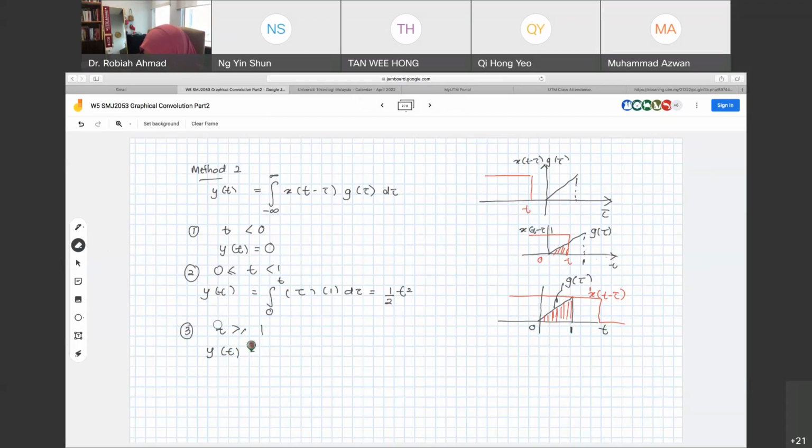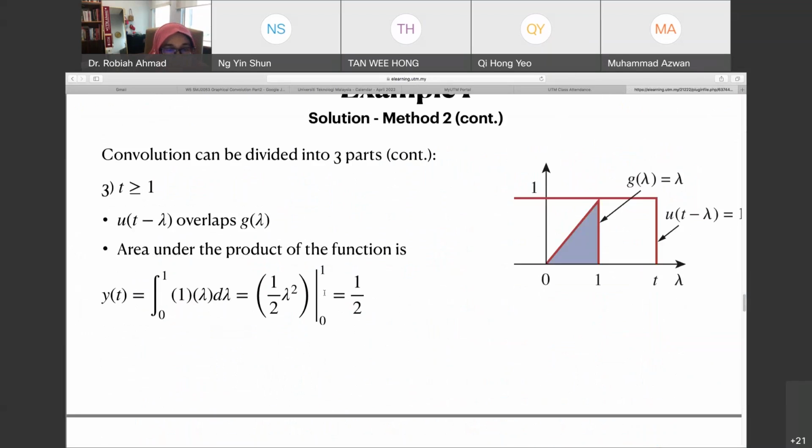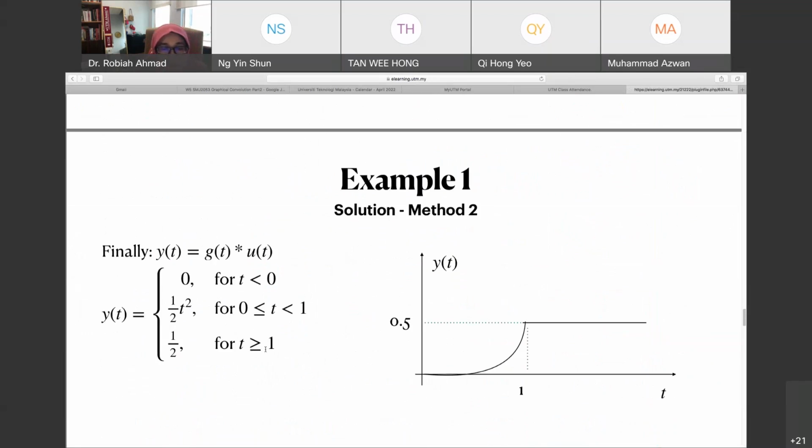So the limit will be between 0 to 1, with tau and 1, d tau. So we shall have the same answer.